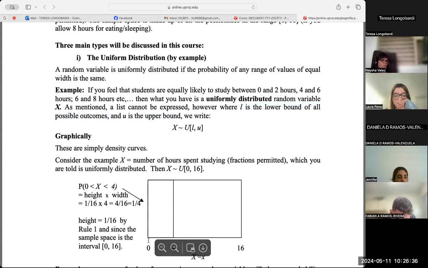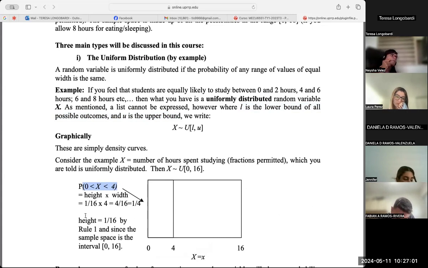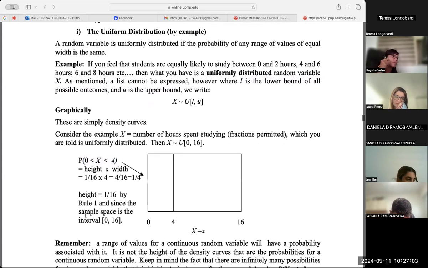So their chance of studying 0 to 4 hours is this one, but their chance of studying another range, 12 to 16, is going to have the same probability. That creates what we say is uniform. Again, because we're in a continuous distribution, we only talk about ranges. We don't talk about probability at a point. There's no probability x equals. We can't do that. Everything is in ranges of values.